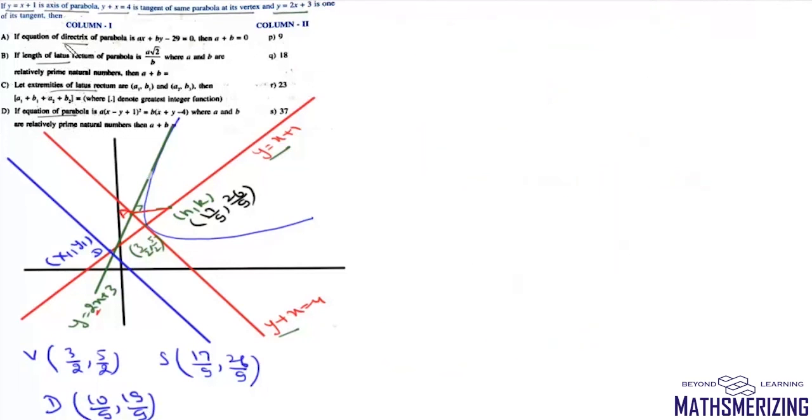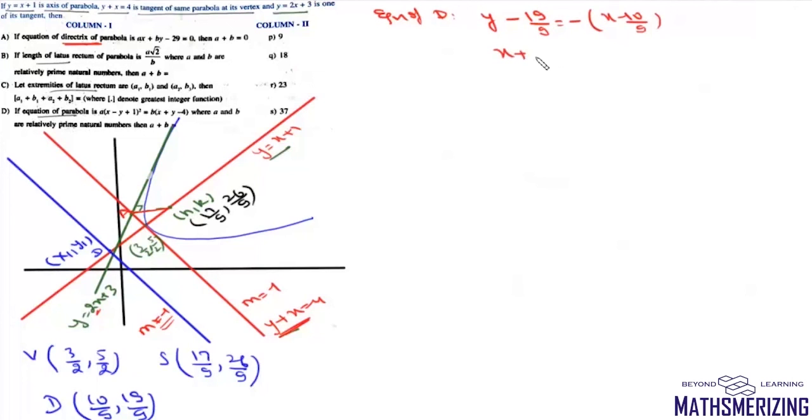The first thing we need to find is the equation of the directrix of the parabola. The directrix is a line parallel to the tangent at the vertex. The slope of that line is minus 1, so the slope of the directrix is also minus 1. The equation of the directrix will be y minus 19 by 9 equals minus (x minus 10 by 9).